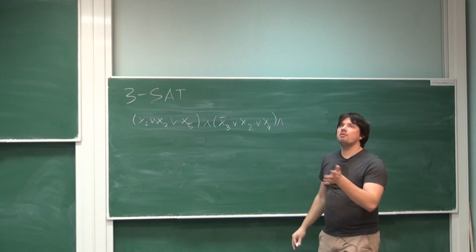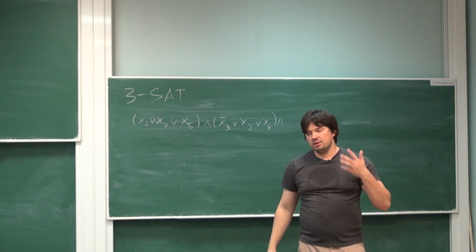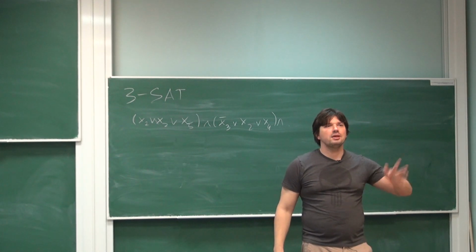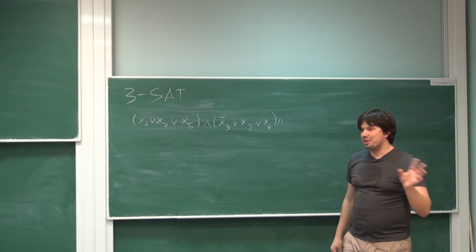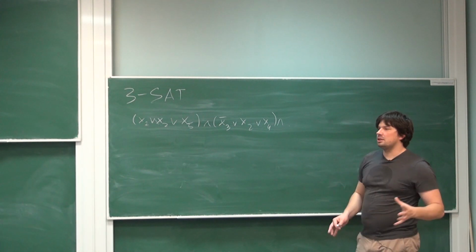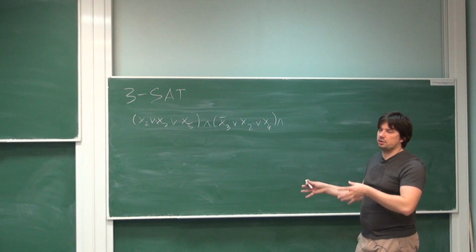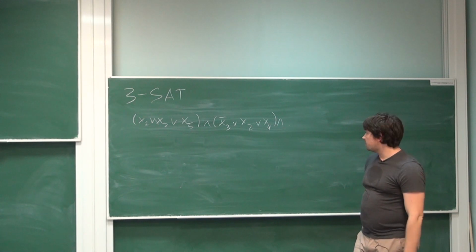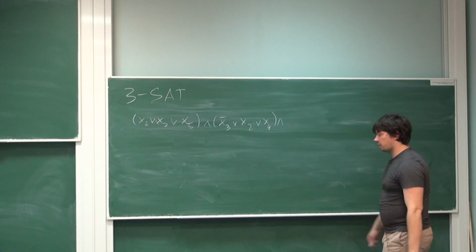But when you have a term of the form 2 to the n, things like n cubed are pretty much irrelevant. The whole performance is so dominated by the exponential factors that you don't really think about small polynomial factors.